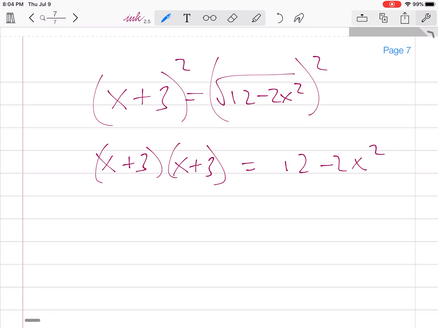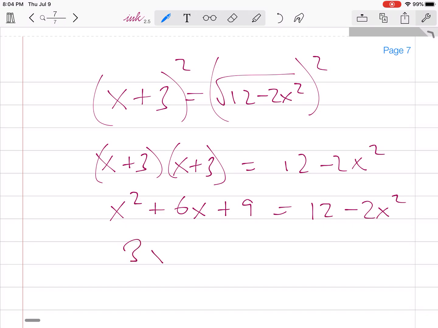So we'll expand that, which gives us x squared plus 6x plus 9 equal to 12 minus 2x squared. Okay, and now collect all the like terms and put it in the proper format for a quadratic.